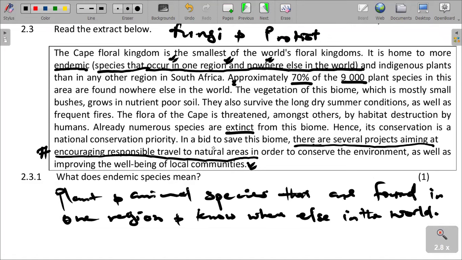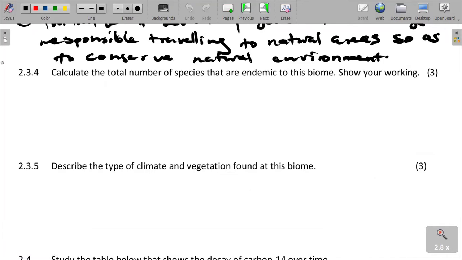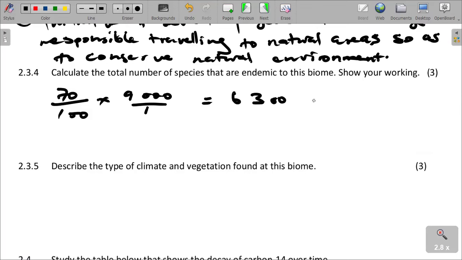Putting it through the calculator, this gives us 6,300 species.